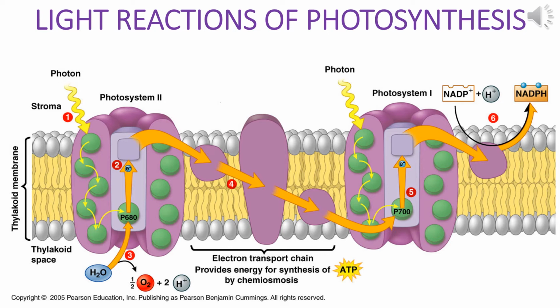The oxygen gas diffuses into the atmosphere. The protons and electrons are utilized for the formation of NADPH plus H plus. So ultimately, ATP and NADPH plus H plus are the products of the light reaction to be utilized for the dark reaction. Let us see these pathways in detail in the following slides.